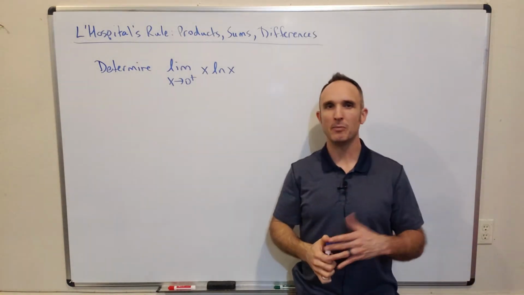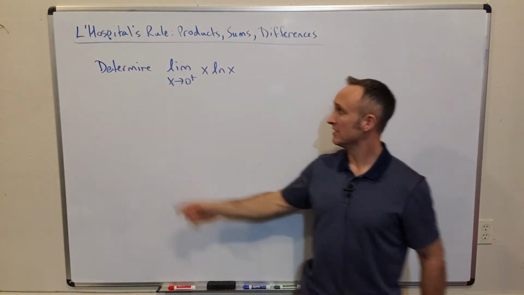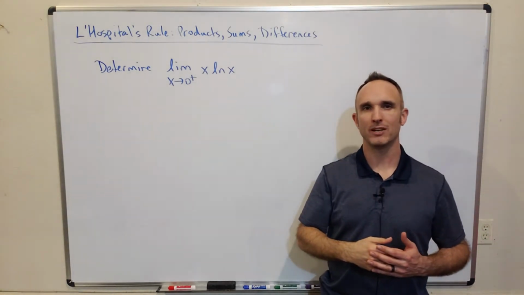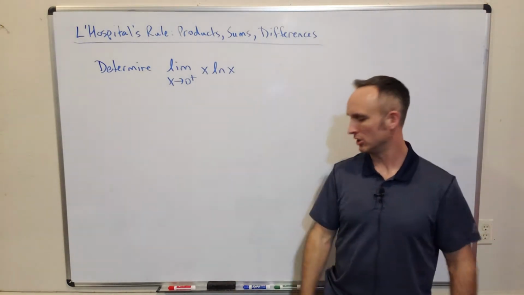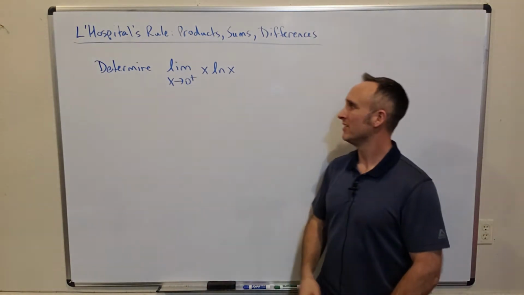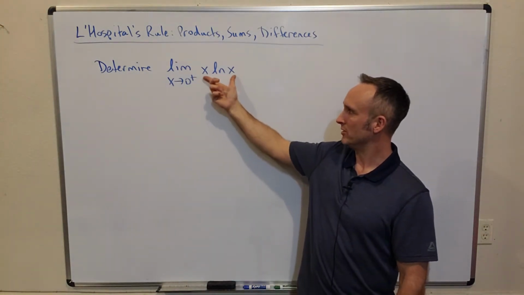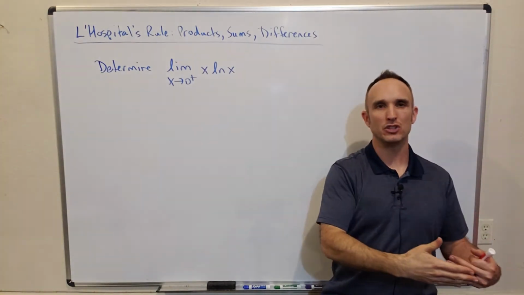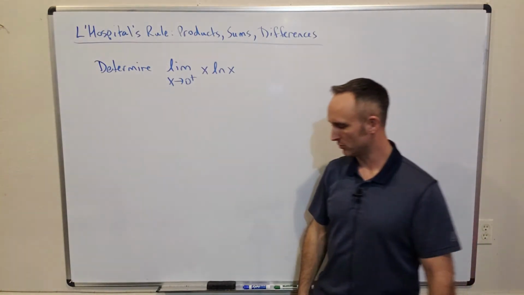One thing maybe we haven't mentioned so far is that your limit can be a one-sided limit and you could still use L'Hopital's, okay? So it's sort of universal amongst all limits. The key is that the function you have here is indeterminate and you can differentiate the pieces to use L'Hopital's rule.